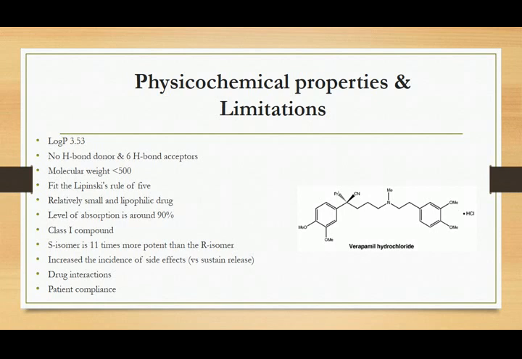There are two verapamil enantiomers. The S isomer is 11 times more potent than the R isomer and 3.3 times more potent than the racemic mixture, which results from stereospecific first-pass hepatic metabolism of the R isomer.